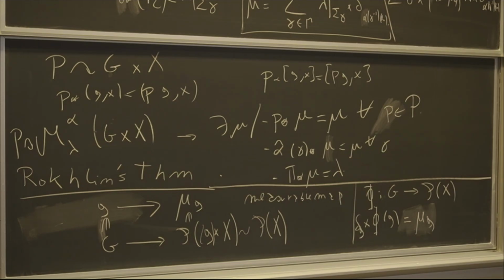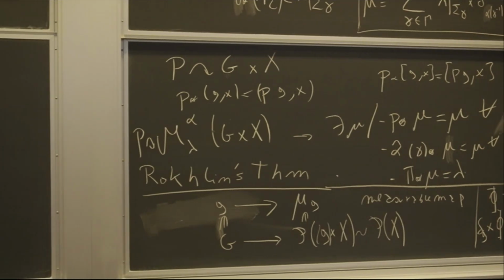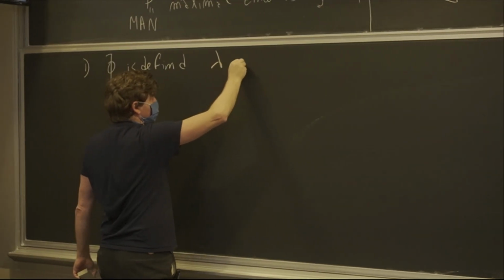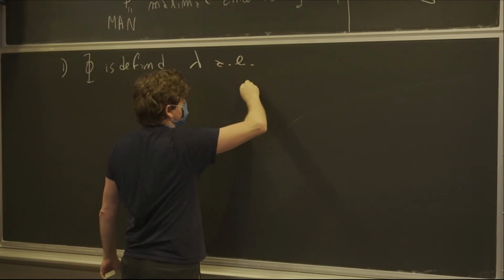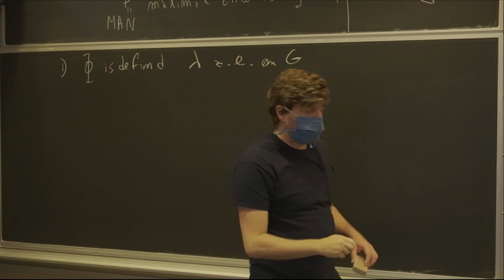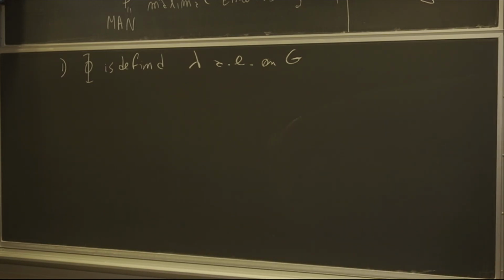One, phi is defined lambda almost everywhere on G. So this is measurable and is defined almost everywhere with respect to lambda on G. And in general, with respect to whatever measure you are projecting on G, which is lambda.